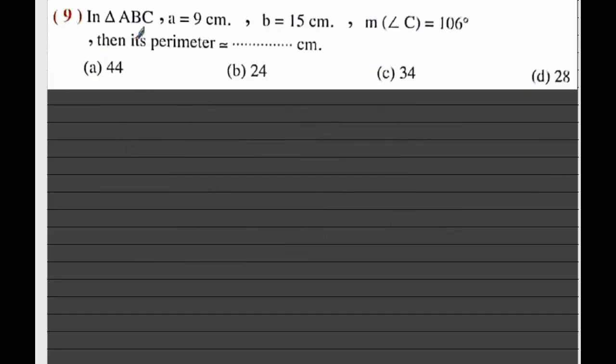Question number 9. In triangle ABC, we can draw it here quickly. We have measure of angle C equals 106. Okay, and A equals 9 centimeters here, and B equals 15 centimeters.